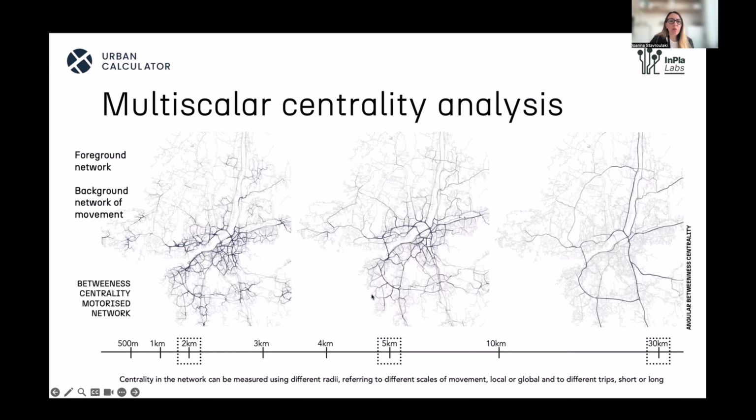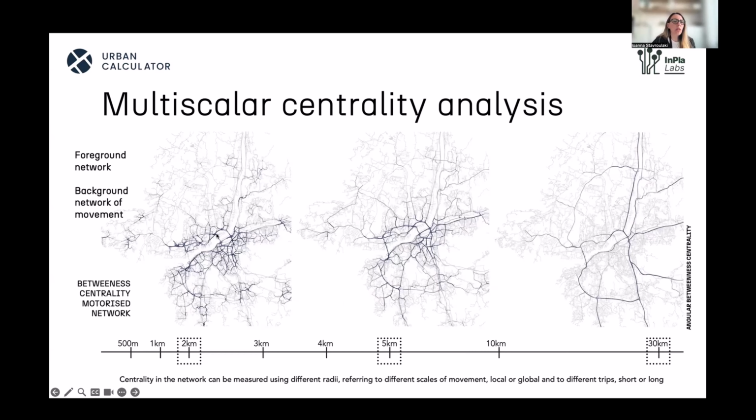In the middle, we see a city scale analysis, and there we see the streets that are very important for the city scale movements, local and meso scale trips in the city. We see the main urban streets in Gothenburg that are used for shorter and longer trips.